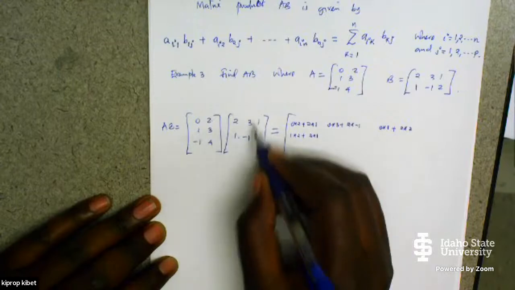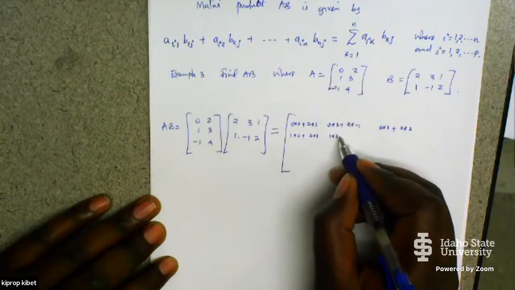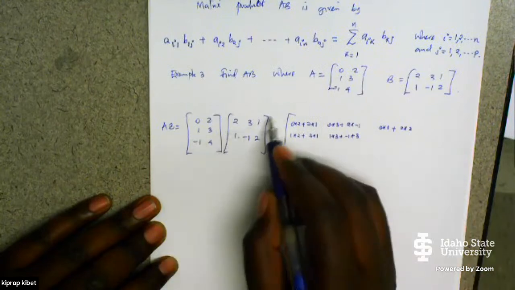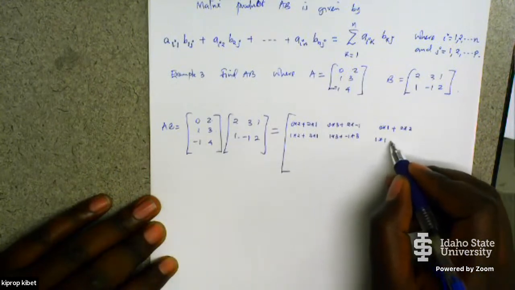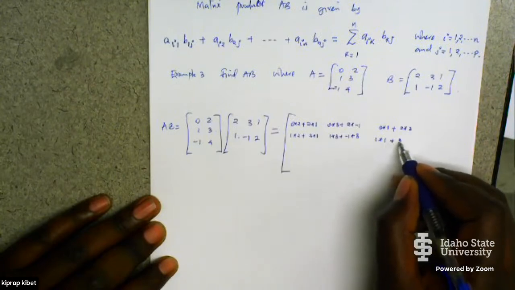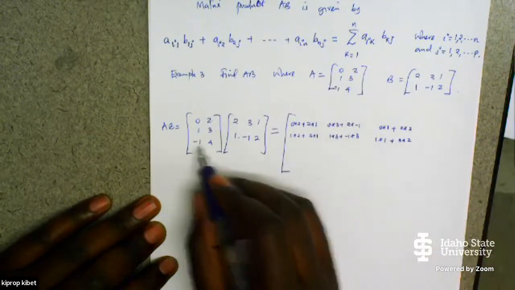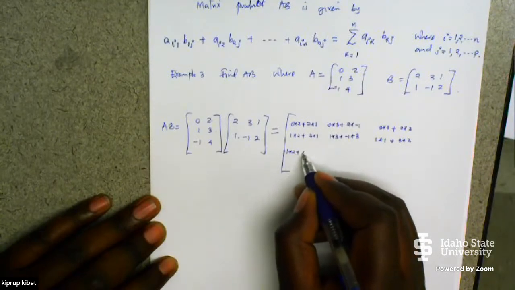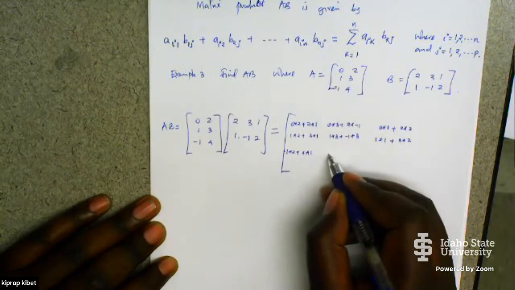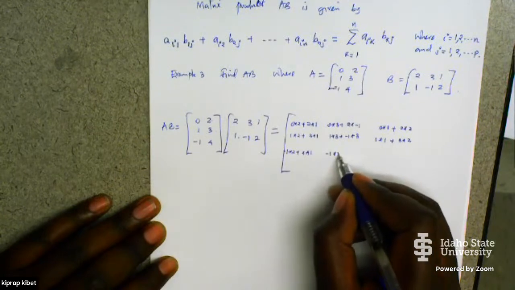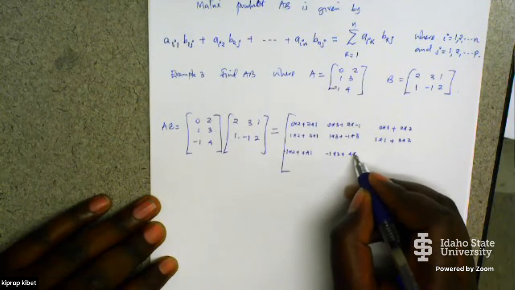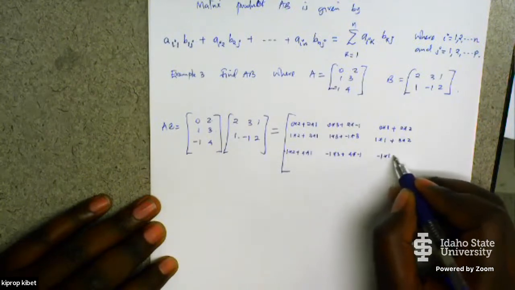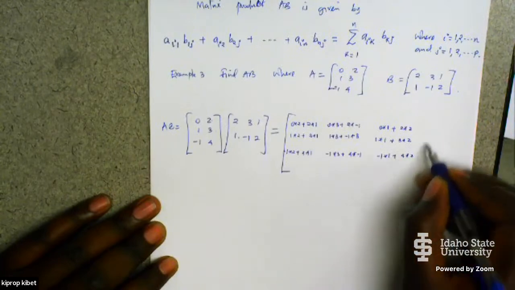The next one: 1 multiplied by 3 plus 3 multiplied by negative 1. Then 1 multiplied by 1 plus 3 multiplied by 2. The last row: negative 1 multiplied by 2 plus 4 multiplied by 1. Then negative 1 multiplied by 3 plus 4 multiplied by negative 1. And the last one, negative 1 multiplied by 1 plus 4 multiplied by 2.